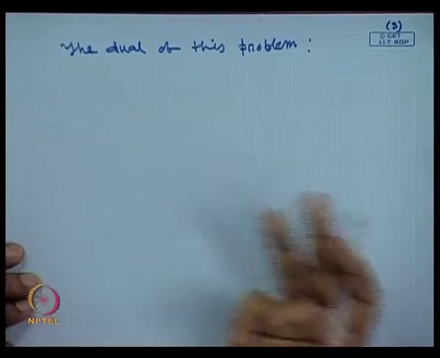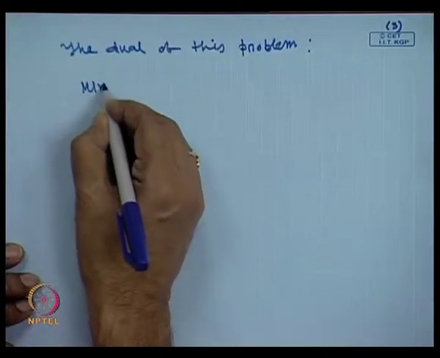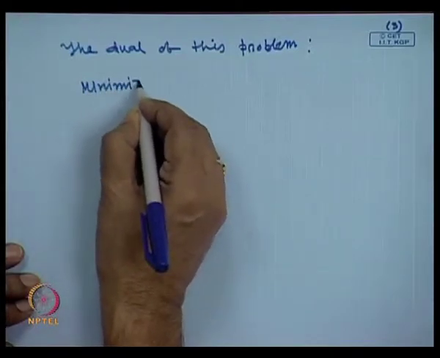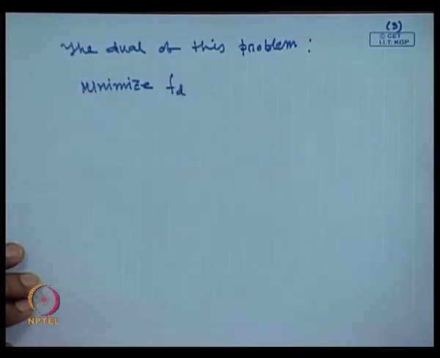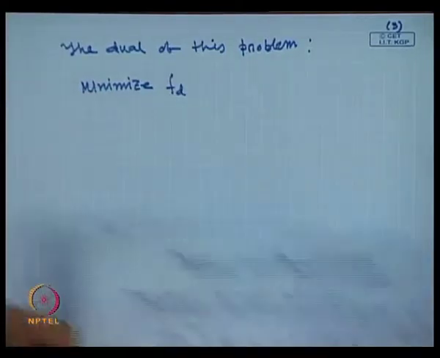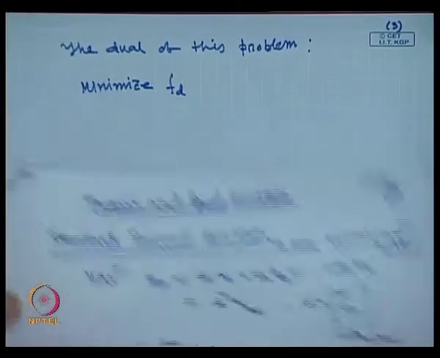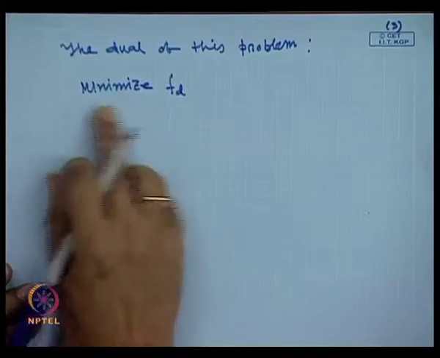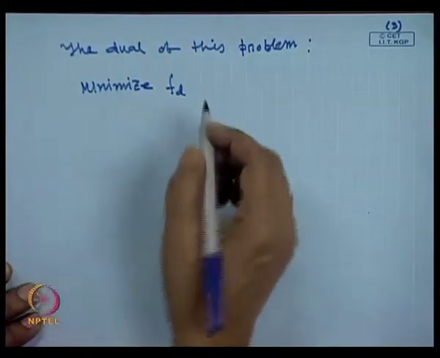Where this one is maximization, I will write minimization. Agree? Minimize. The dual objective I have denoted by ZD, and the primal one I have denoted by ZP. P stands for primal problem, meaning the original problem, and D stands for dual, which is a minimization.